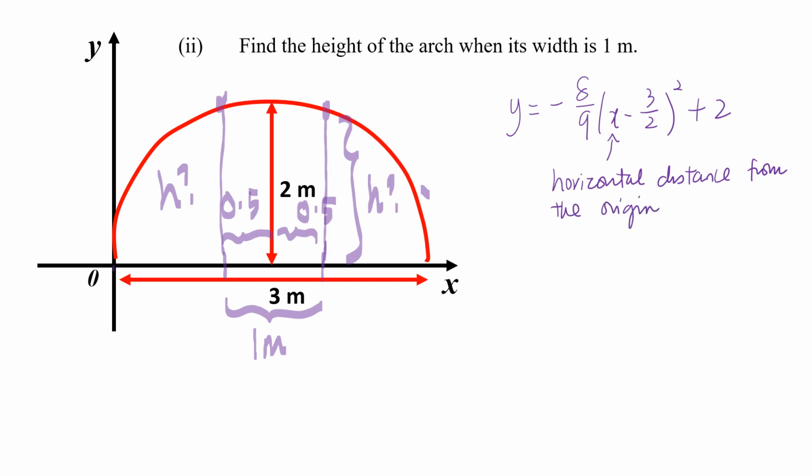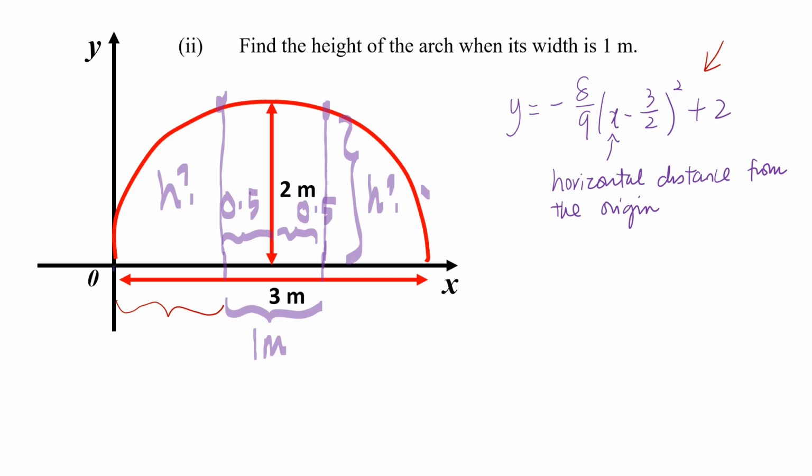So the distance that I need to find will be from here to here. In order to substitute into this quadratic function, I need to find the right value for x. I cannot substitute x equals 1 meter, because from this diagram, 1 meter is the width of your arch. It's not the horizontal distance from the origin.